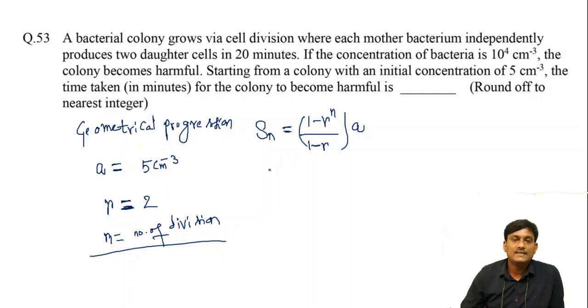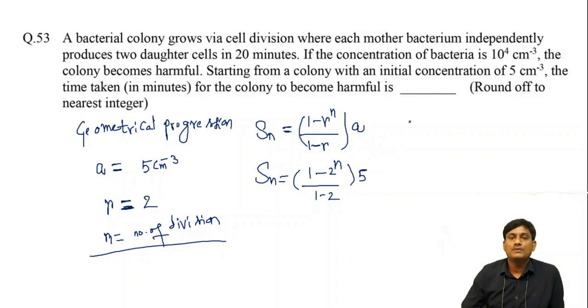So what is the Sn here? Sn is equal to (1 minus 2^n) by (1 minus 2) into 5. So you will get Sn is equal to (2^n minus 1) by 1 into 5. Okay, this is the Sn.